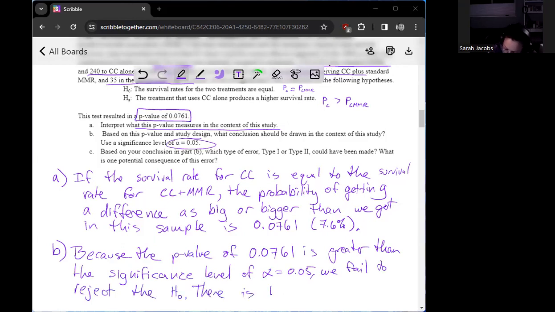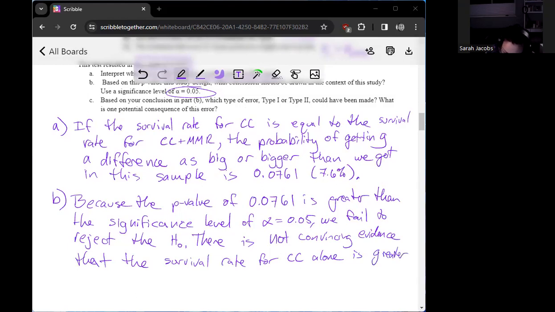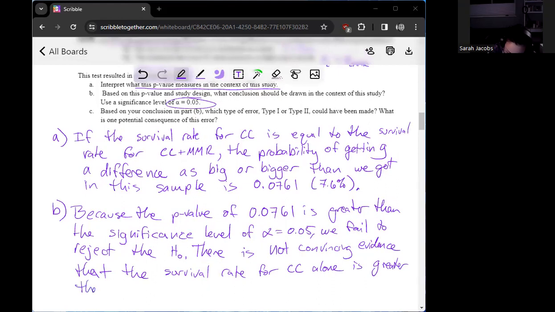There is not convincing evidence that the survival rate for CC alone is greater than that of CC plus MMR.